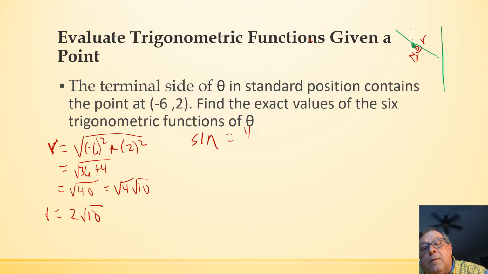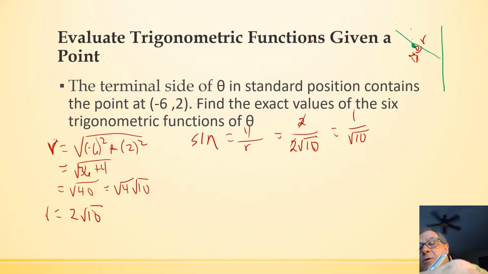Then we've got sine is equal to y over r, and the y-coordinate is 2, and we have said that r is 2 square root of 10. Well, the 2's are going to cancel. That leaves me with 1 over square root of 10.